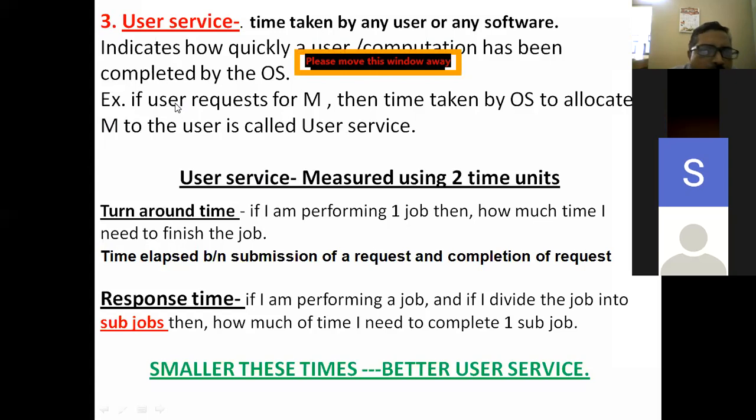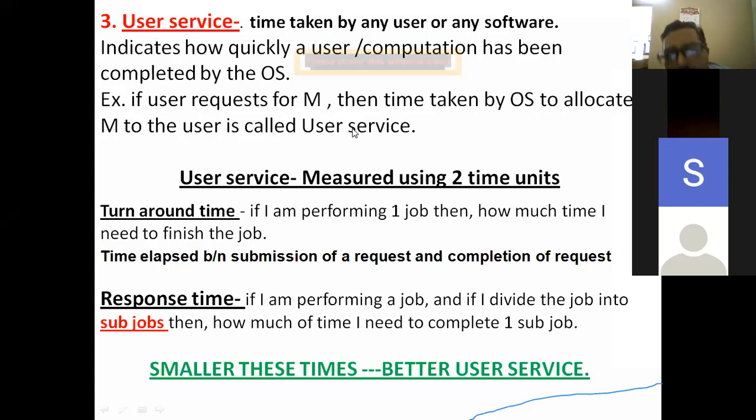For example, if a user requests memory, what we expect is that memory should be allocated as fast as possible. The amount of time taken by the operating system to allocate memory for the user, we call user service. And if our OS is fast enough to allocate the memory in a lesser amount of time, then we can say that user service is appreciable, or very good.